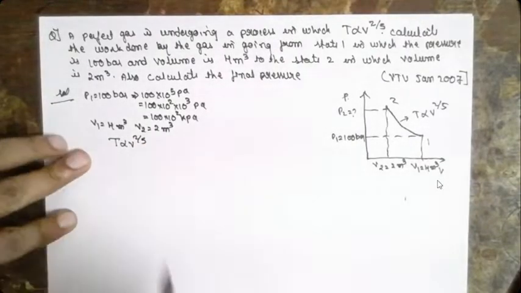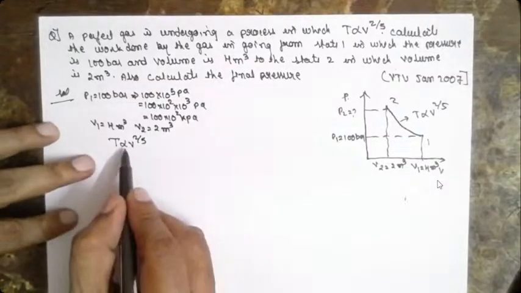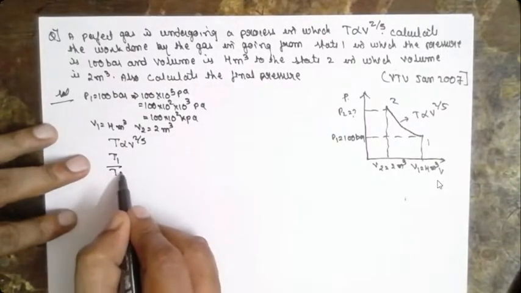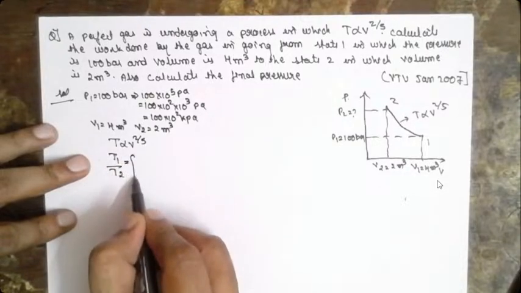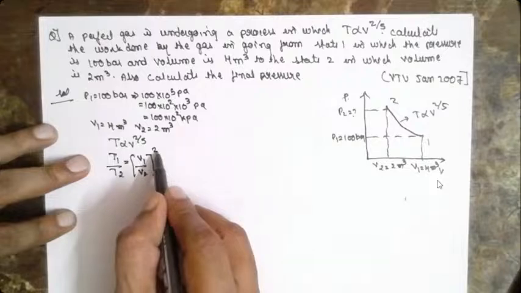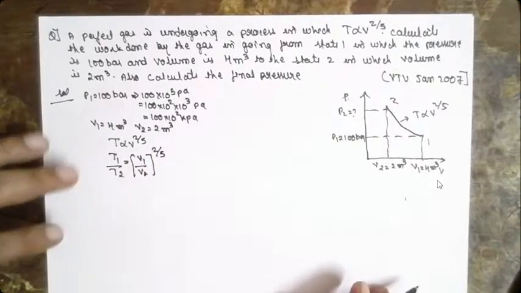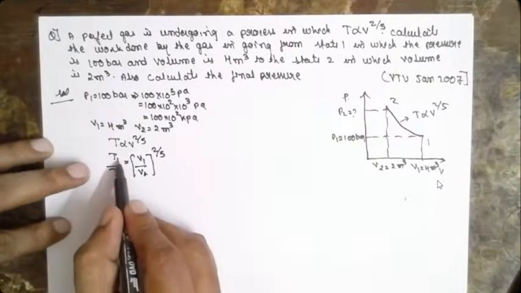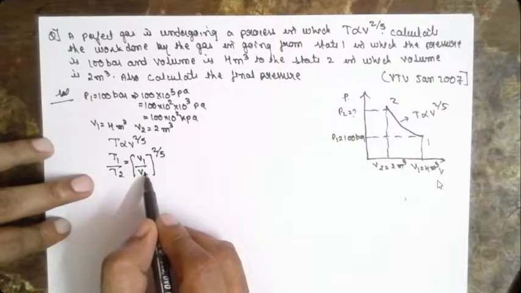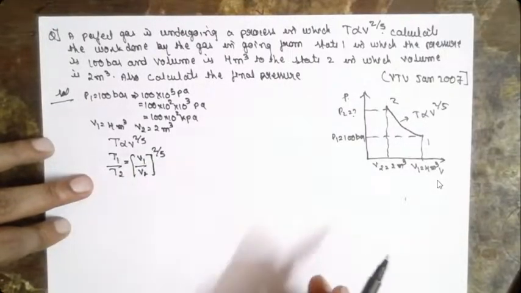Now see here, this can be written in this form: T1 divided by T2 is equal to V1 divided by V2 raised to 2 by 5.